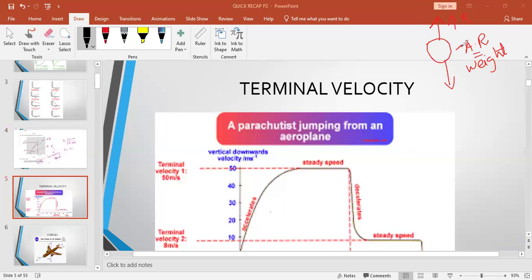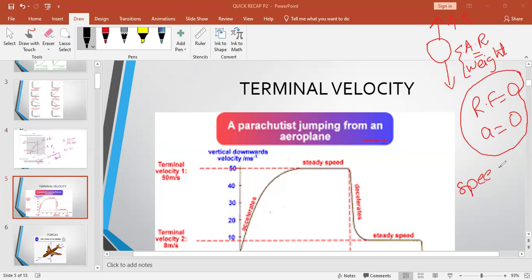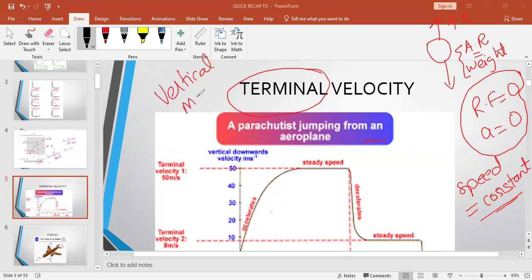When both the forces get balanced, we get resultant force 0. And with that resultant force, always remember the acceleration is 0. And whenever the acceleration is 0, the speed is always a constant speed. Always remember that terminal velocity is only observed in vertical motion, not in horizontal motion.